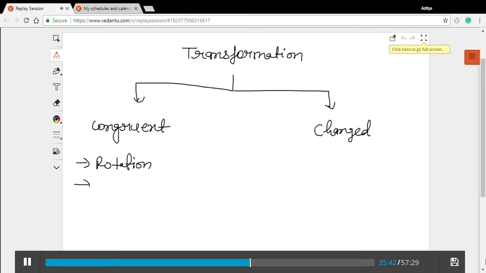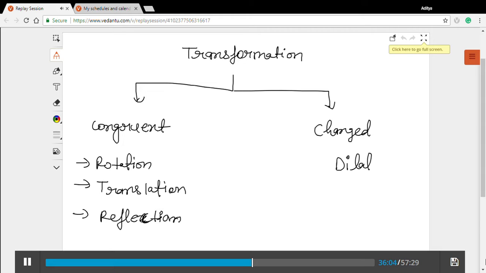It can be a translation, or it can be a reflection. But if the size gets changed, so either it can be enlargement or it can be a diminished. So it's just dilation.